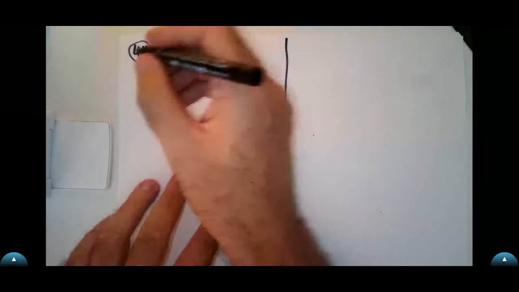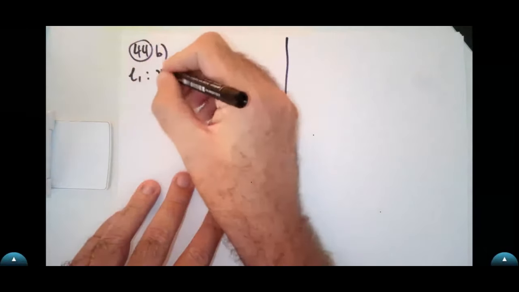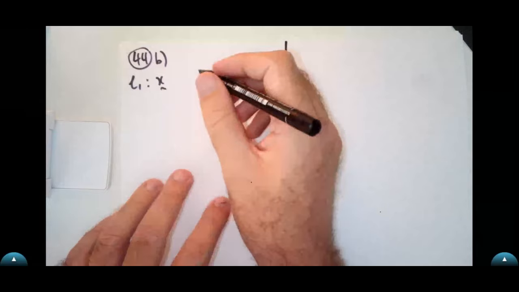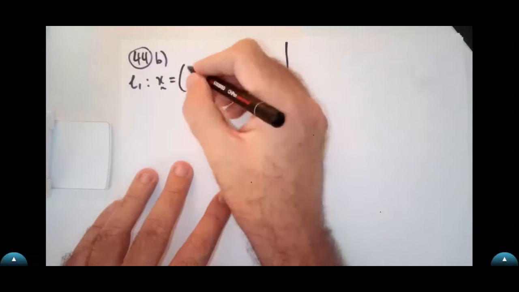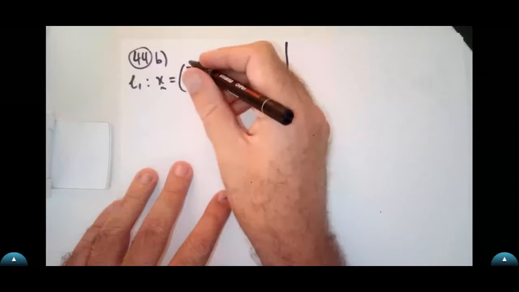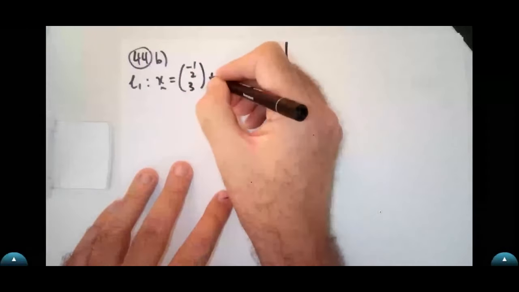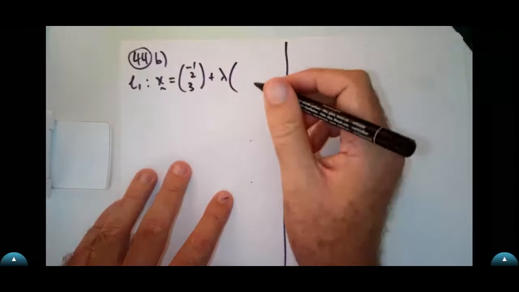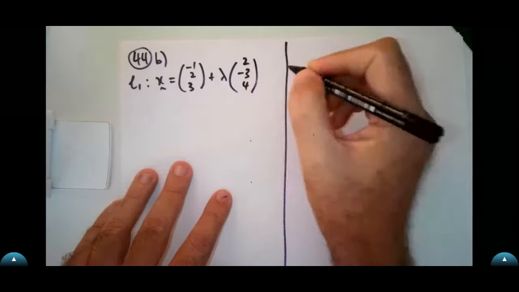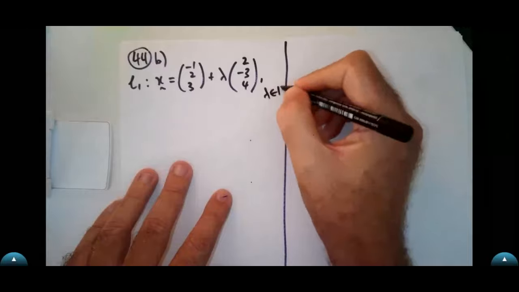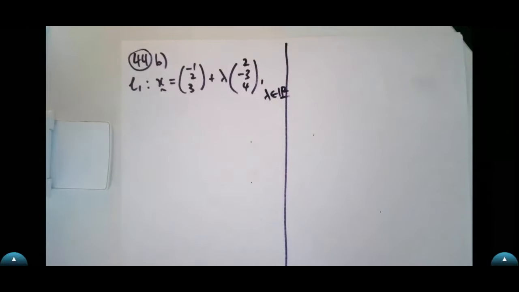All right. So we've got a line, L1, in three-dimensional space. This is the parametric vector form, or PVF.